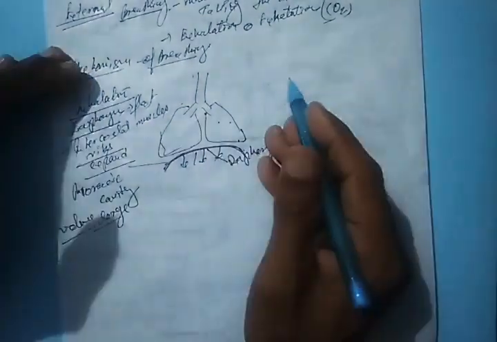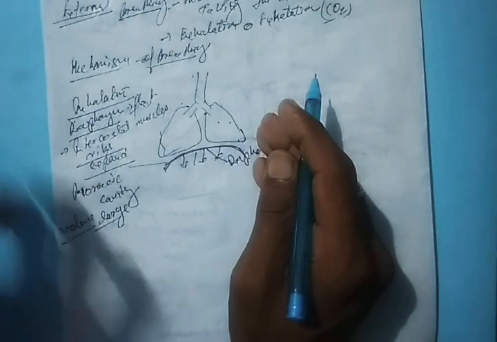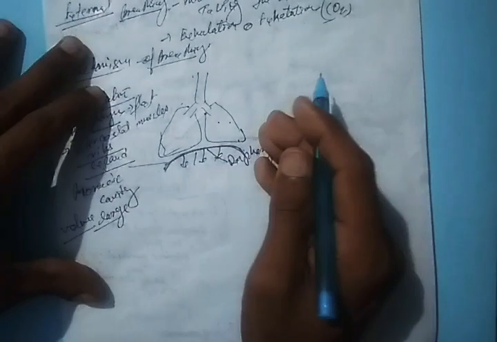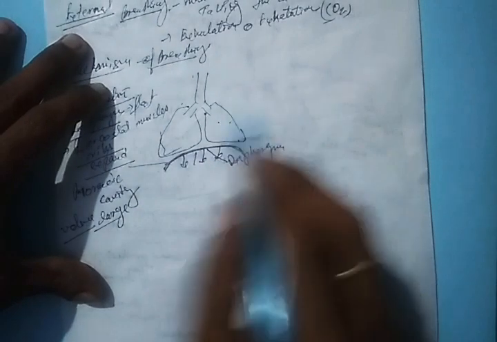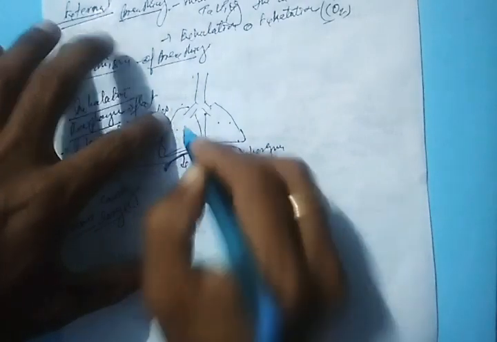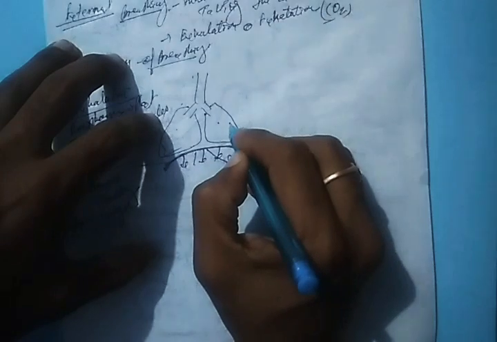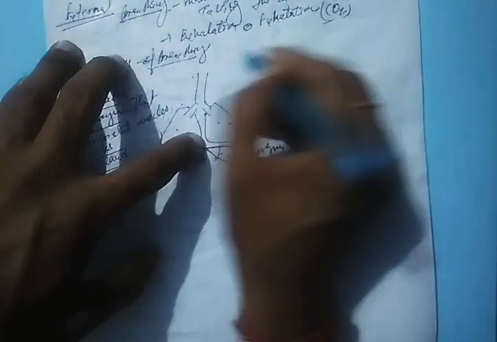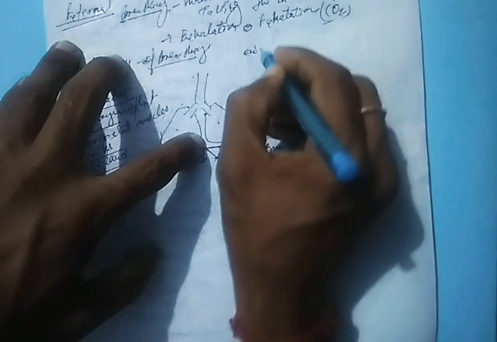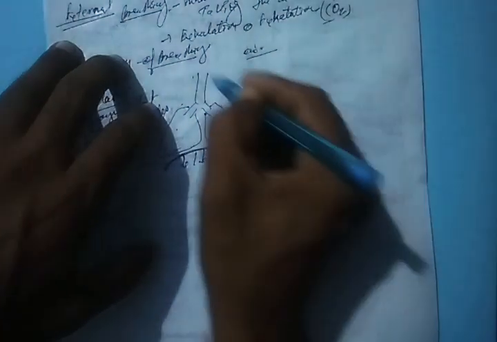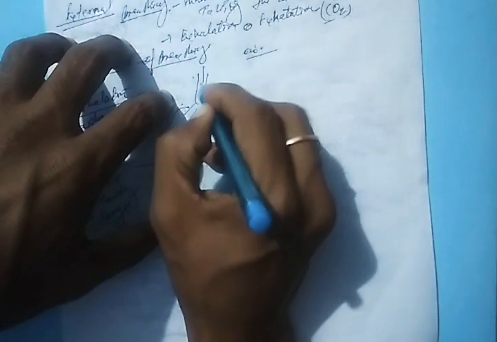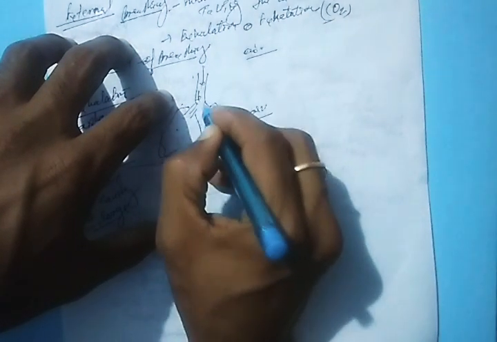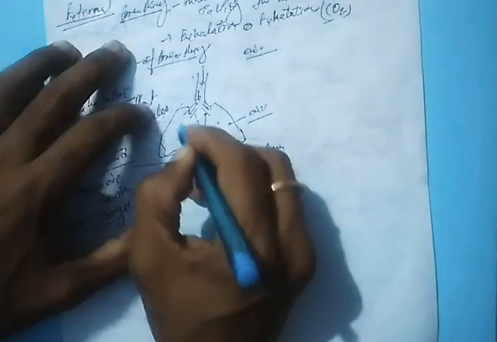The result, thoracic cavity volume becomes large. As a result, because a low amount of air is present in the lungs and a high amount of air is present in the atmosphere, for the equilibrium, air easily enters into the lungs.